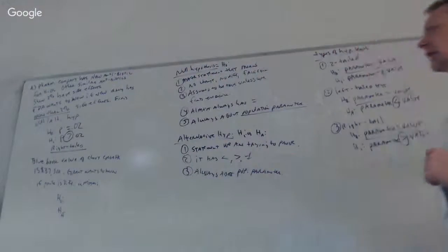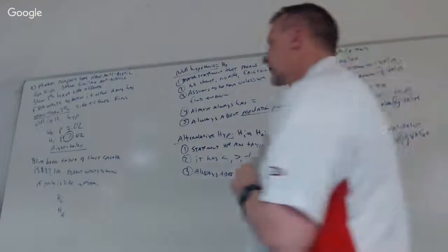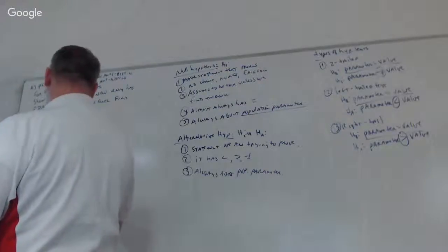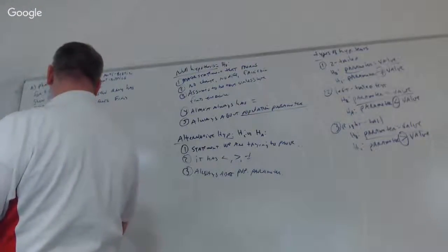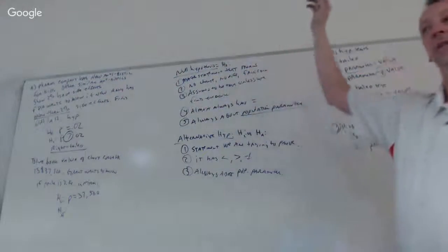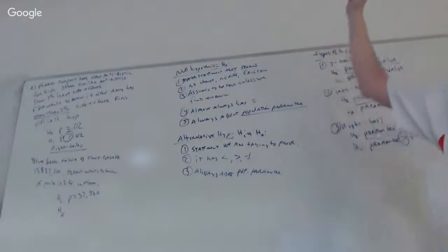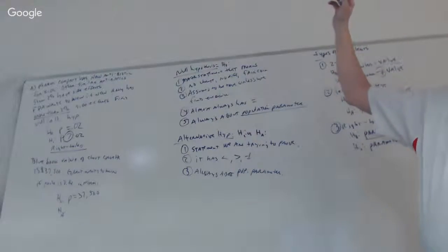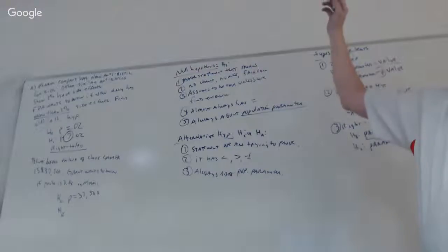So Jordan, let's pick on you first. So it would be P equals 37,500. Who agrees with Jordan? 1, 2, 3, 4. Who disagrees? No, nobody? You should have disagreed.